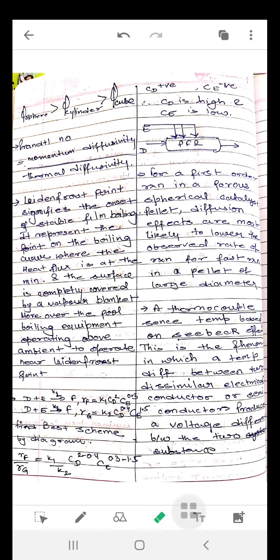It represents the point on the boiling curve where the heat flux is at the minimum and the surface is completely covered by a vapor blanket. Moreover, pool boiling equipment is operated above ambient to operate near the Leidenfrost point.